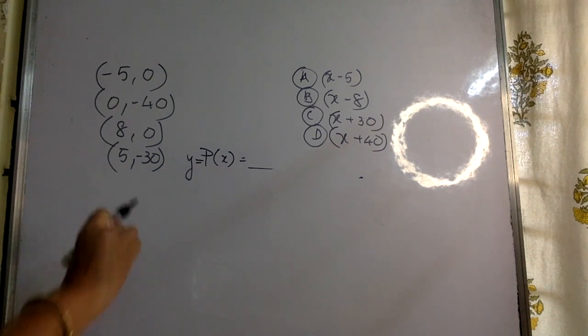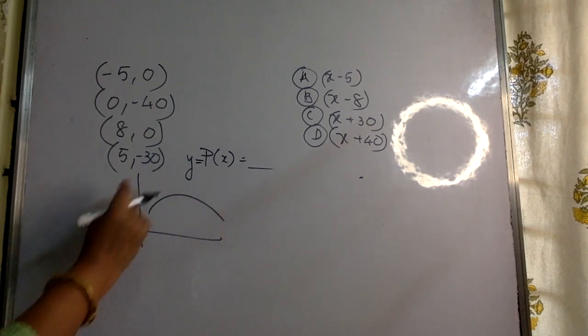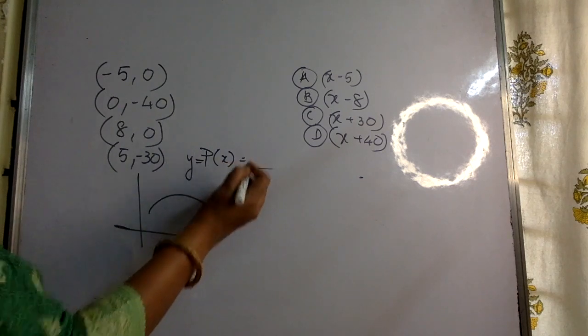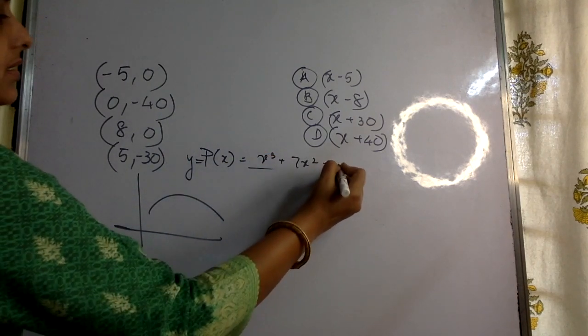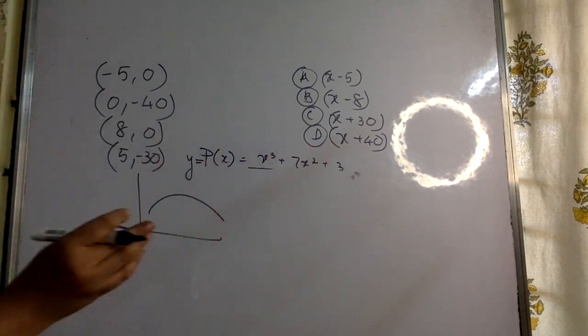So if I draw this polynomial on a graph, let's say this is the curve. Supposing I write x cube plus 7x square plus 3, something like this. This is the polynomial.